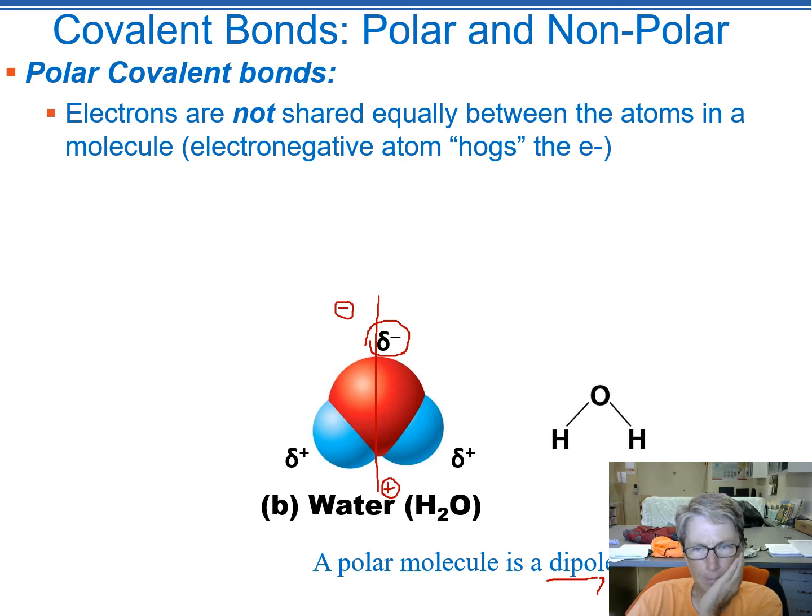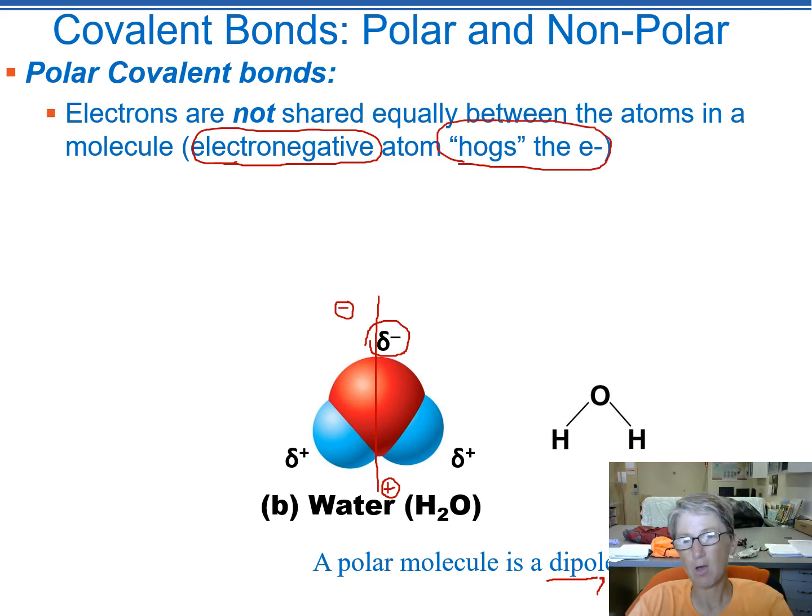Now, why does that happen? Because if you are an atom like hydrogen and you form a bond with oxygen, you are forming a bond with an atom that is very electronegative. That means if you are an electronegative atom, you like to hog the electrons in any covalent bond. You have a strong will to not completely steal an electron like in an ionic bond.